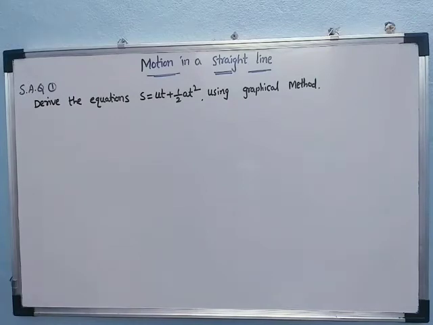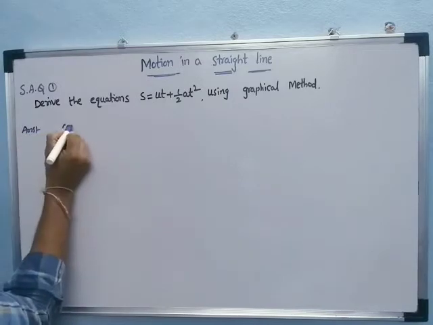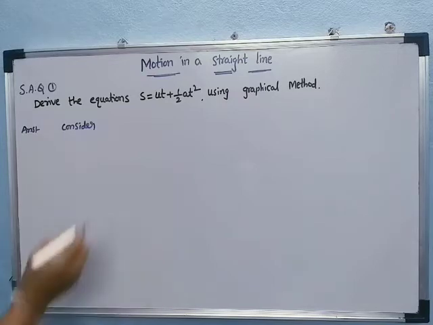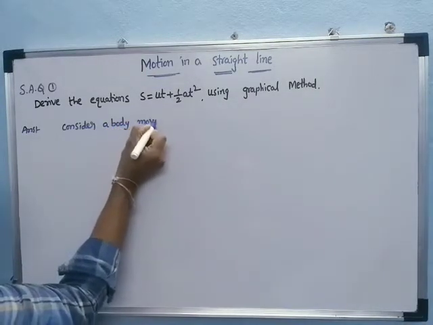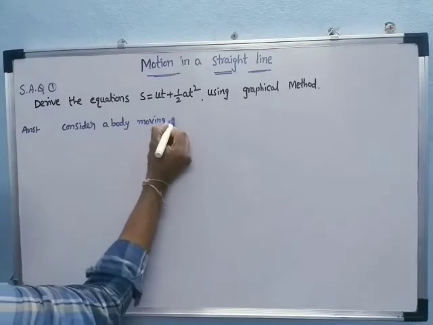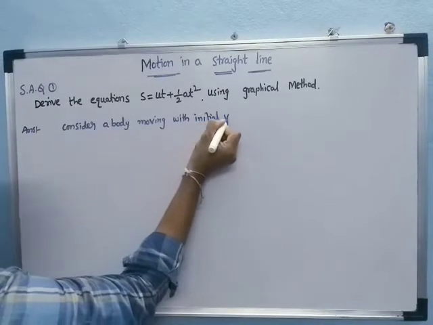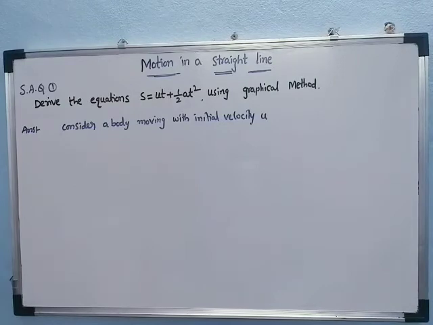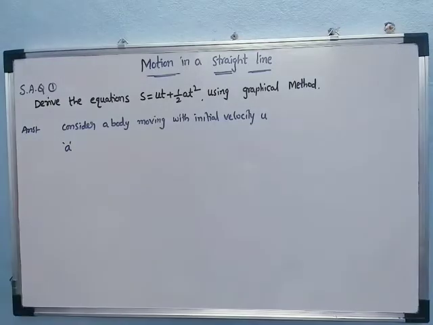Consider a body moving with initial velocity u and moving with acceleration a.